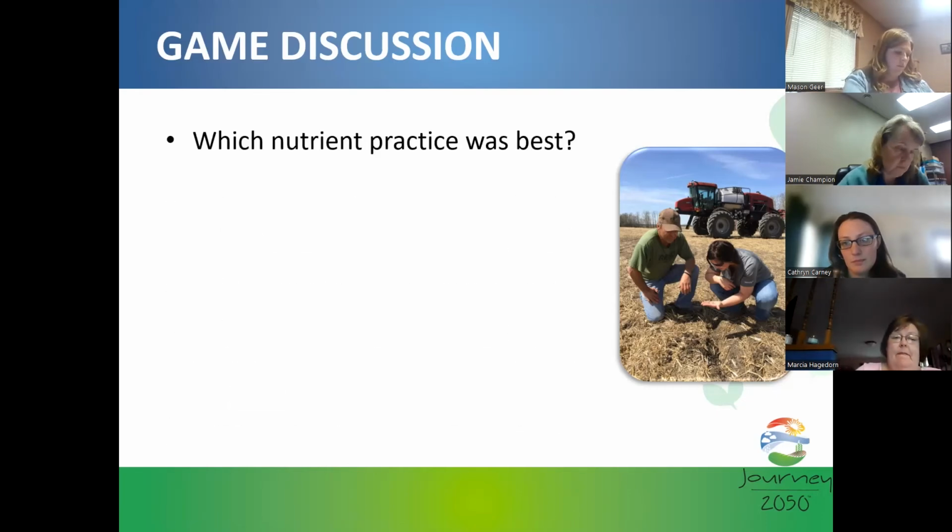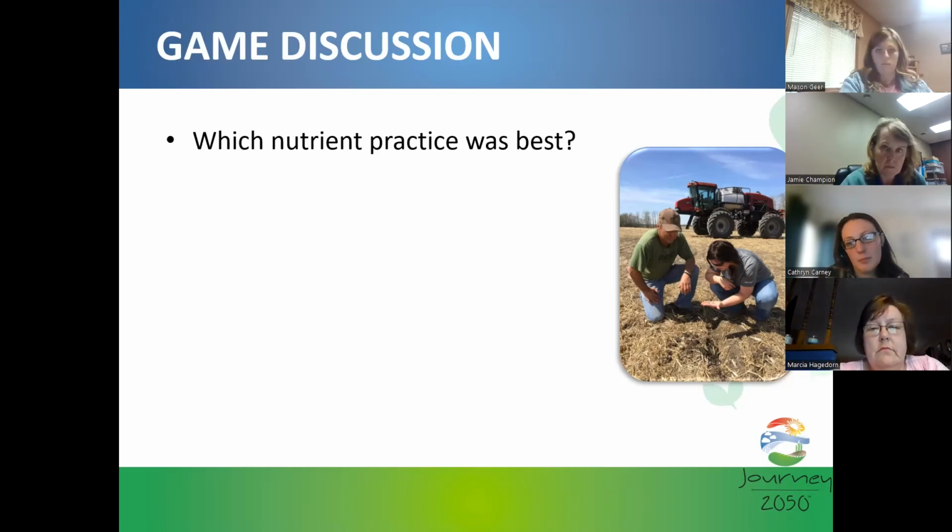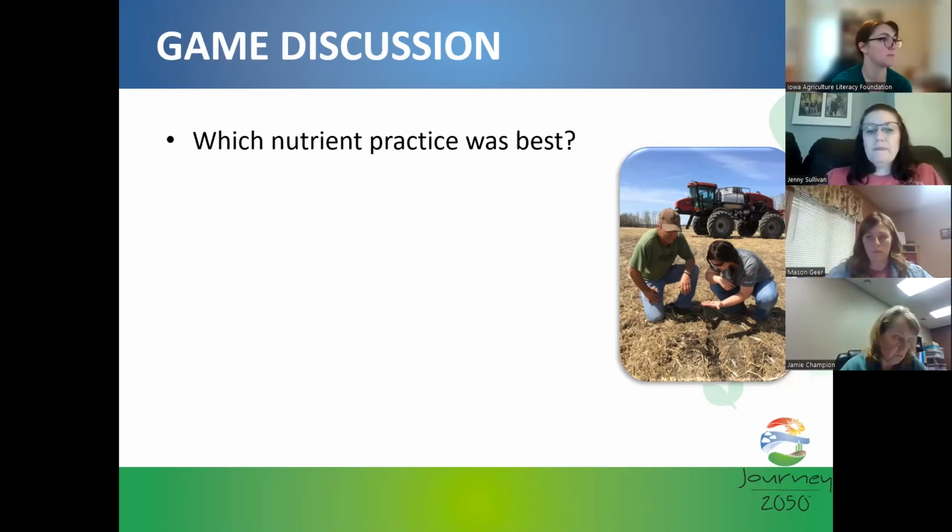Excellent. Okay, so the new thing in this level was the nutrient practices. What nutrient practice worked best for you, or what did you choose to do? Did anybody do no nutrients?